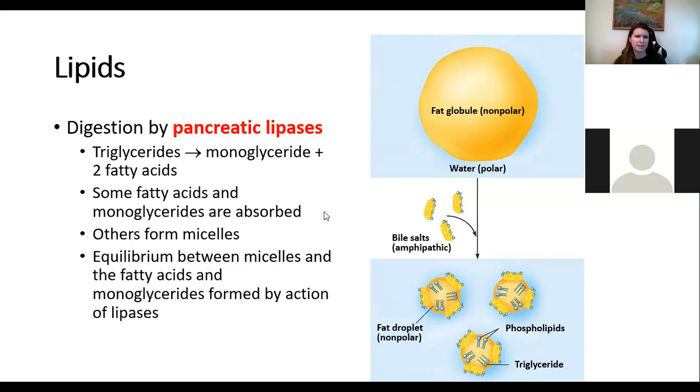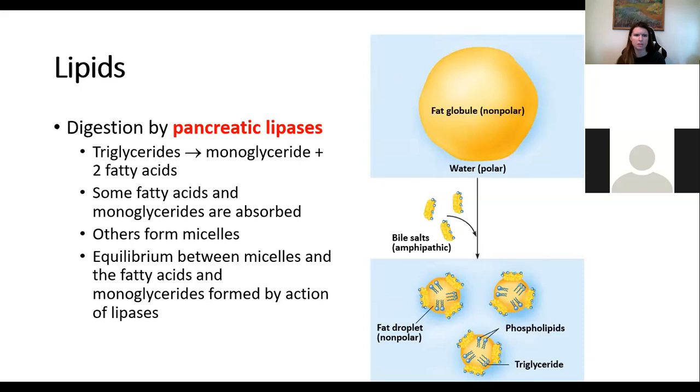But when they do that, they actually leave 1 fatty acid attached to the glycerol. And that's what a monoglyceride is, that glycerol with just 1 fatty acid on it. So I think this number has to be 2 rather than 3 because one of those fatty acids is still in the monoglyceride.